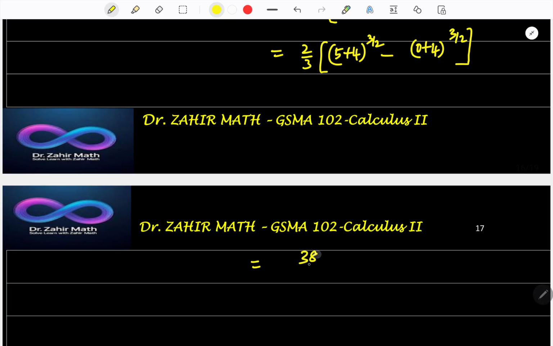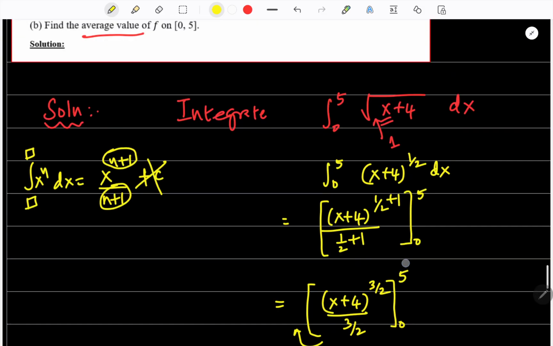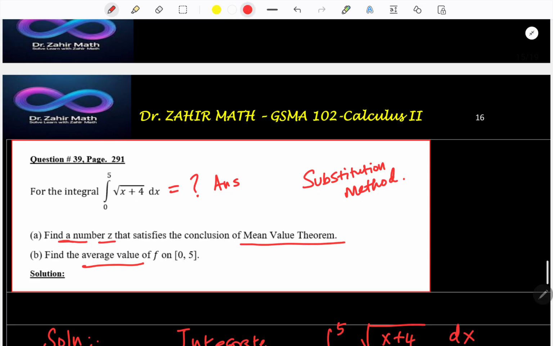So I got the answer 38 over 3. So this is your what? Just your integral, not the final answer. 0 to 5 square root of x plus 4 into dx. It means the answer is given now, which is 38 by 3.